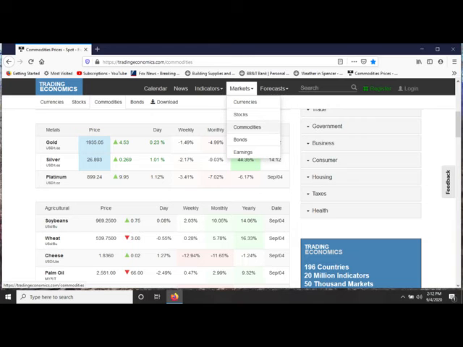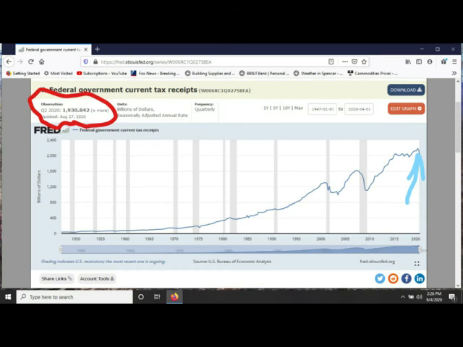And so we come to the last screen, and here it is. Government income, revenue from taxes. Because taxes are way down, their revenue from taxes is way down, whereas their spending, as you saw on the other chart, is way up. As a result, they're borrowing way too much money.